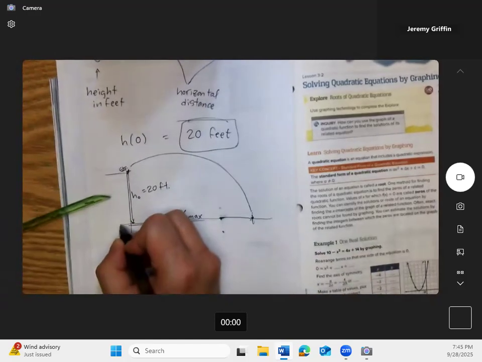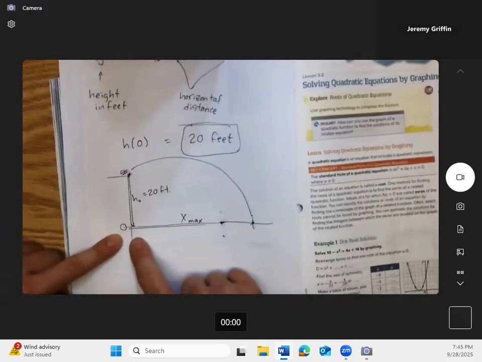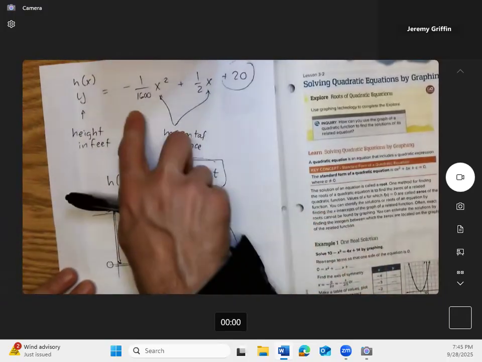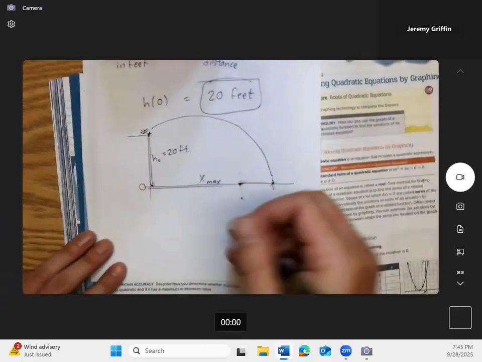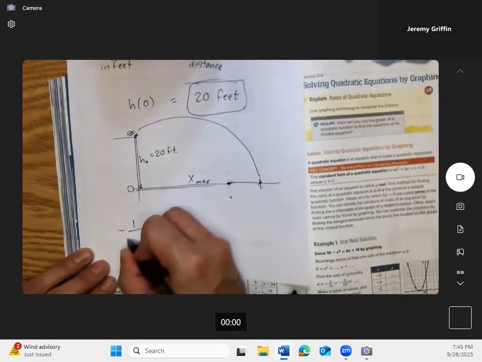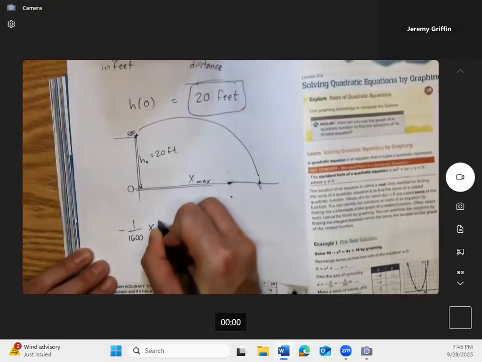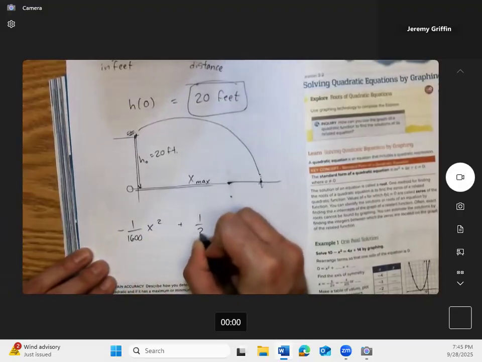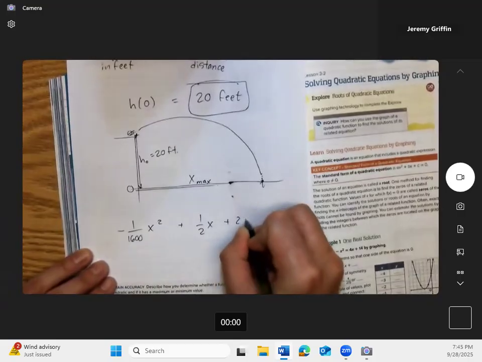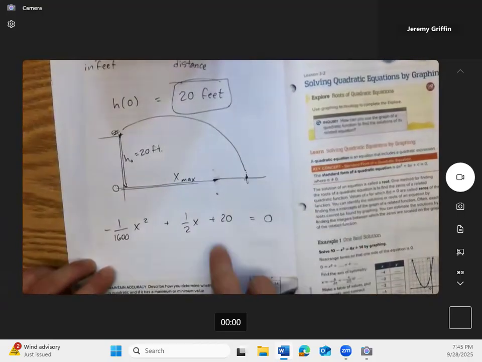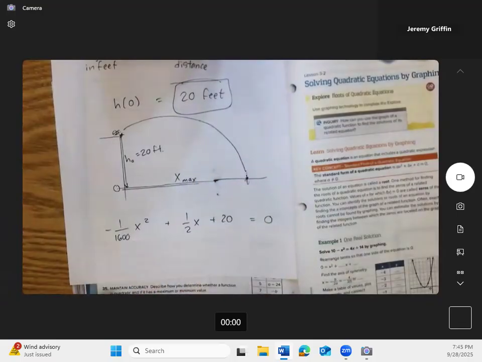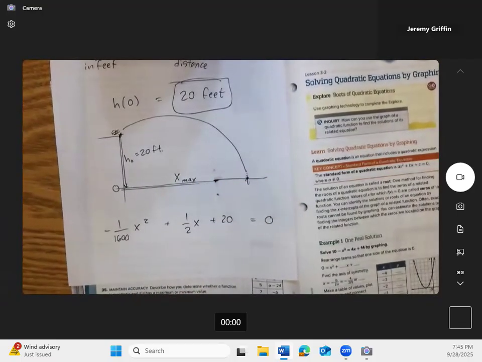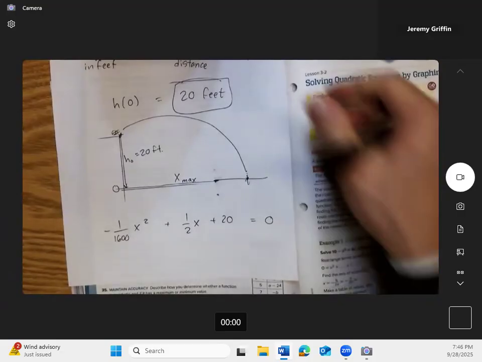And I see mathematically that's where the height is equal to 0, isn't it? So I could set this whole thing equal to 0 and then solve for x, and that would be the answer. So I can go negative 1 over 1600 x squared plus 1/2 x plus 20 equals 0, and that would tell me x, that would represent this x max. Oh, and look at that, that's a job for a quadratic equation right there.